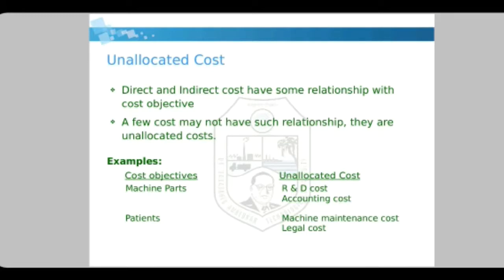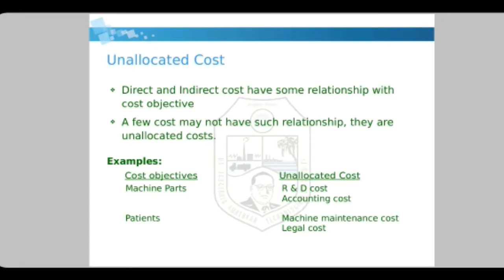Now in case of patient, machine maintenance cost is unallocated cost. How? See, if there is an x-ray machine, then maintenance of that x-ray machine we can't relate to the patient. Or legal cost, if there is any patient who is not satisfied with the service of that hospital and he has filed a complaint against that hospital in court.